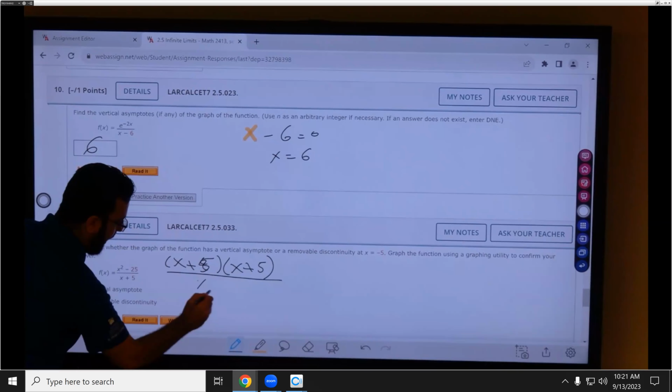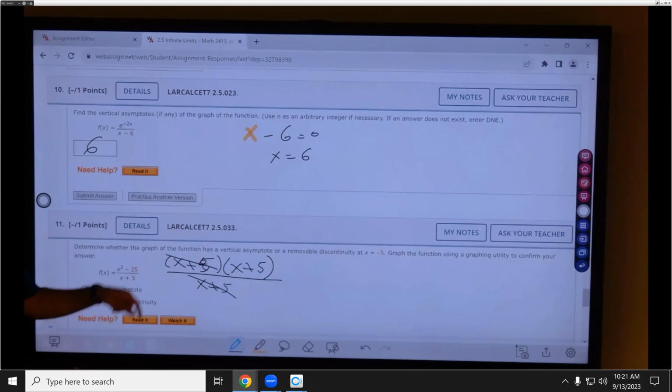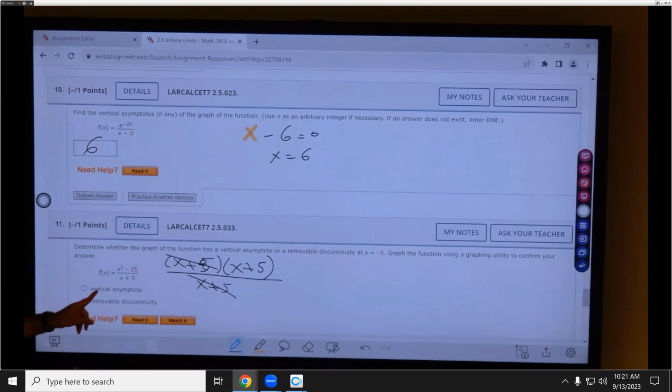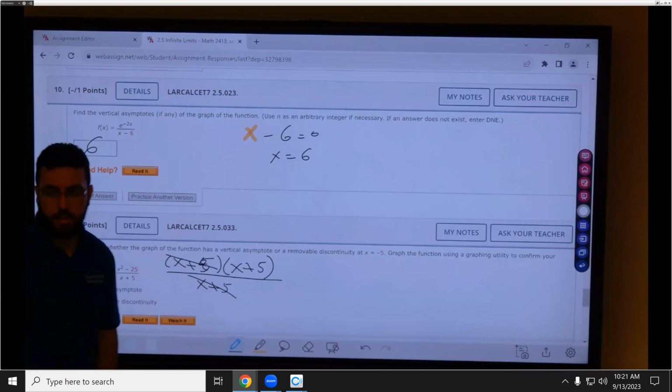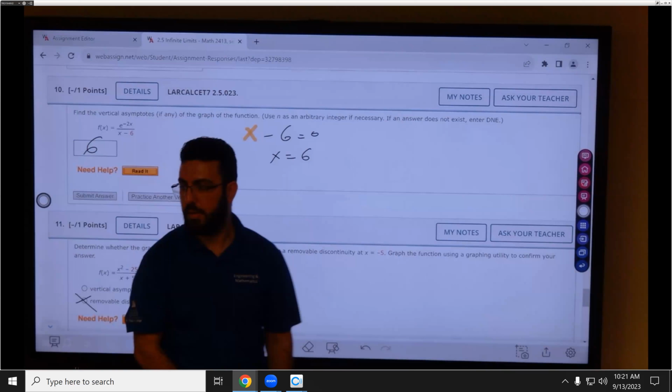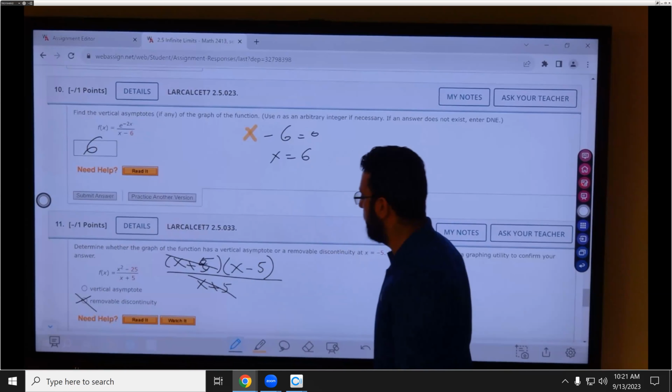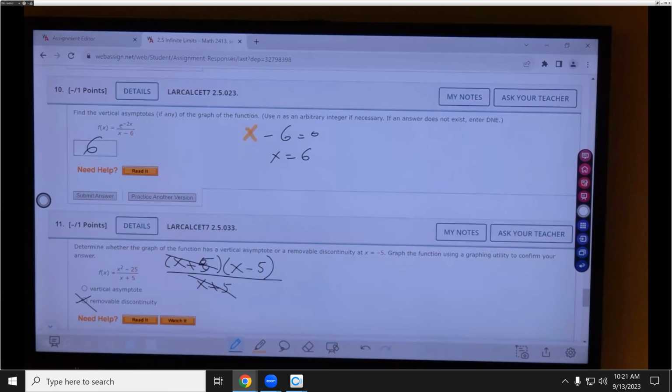You see, when you cancel these, there's no asymptote. It's a hole. That means it's removable. So you're just going to choose removable discontinuity.